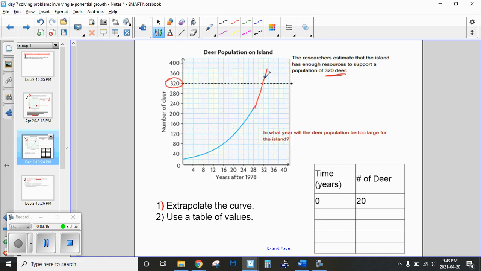So this is not perfect by any means, but assuming there's no major changes that happen, that's roughly the trend that the deer population should follow. Okay, so I've tried that out. Based on my very rough curve, we can look at 320 deer. Looks like it's happening at maybe 31 or 32 years, just with a really rough sketch. So maybe 32-ish.